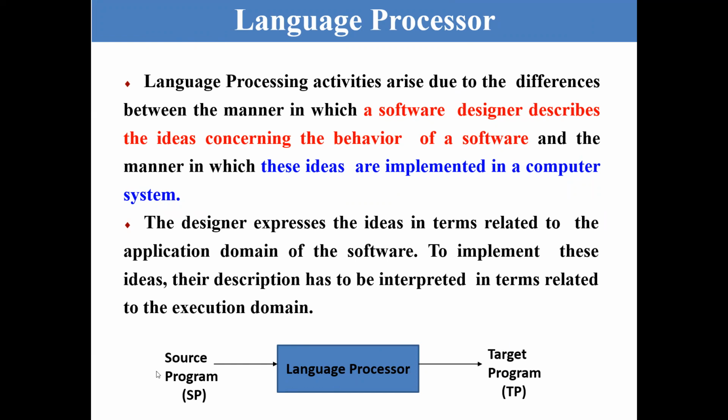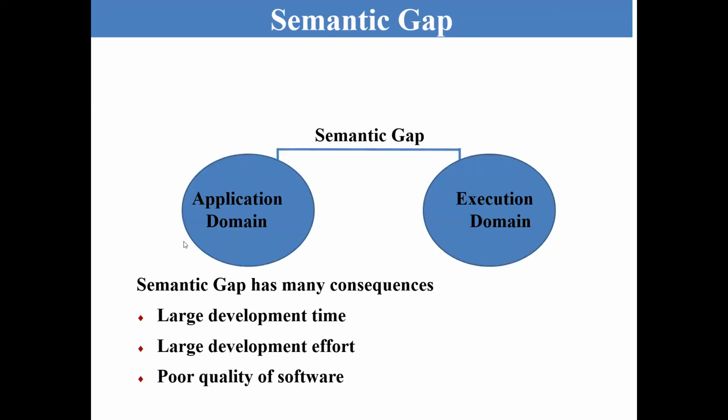This source program is closer to your application domain. Source language should provide the features necessary for expressing an algorithm. And the idea expressed in the source domain must ultimately be interpreted in terms of the execution domain of the computer system. So this is the basic idea. You can see here that there are two domains.